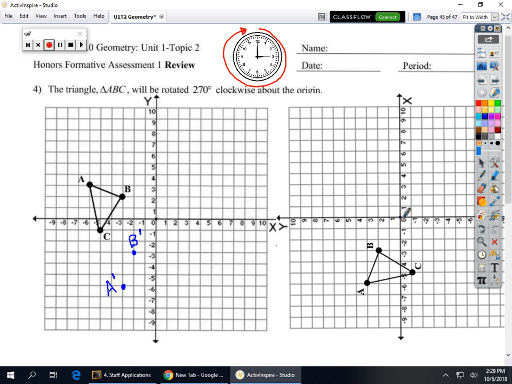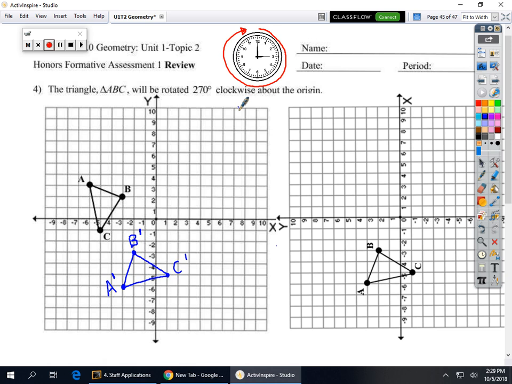Finally, C, it is 1 to the right and 1, 2, 3, 4, 5 down. And that is my C prime. So this is my triangle rotated 270 degrees clockwise.